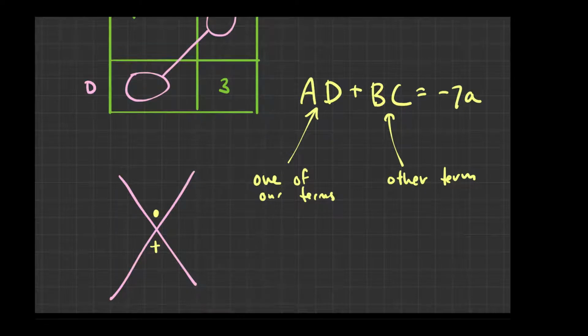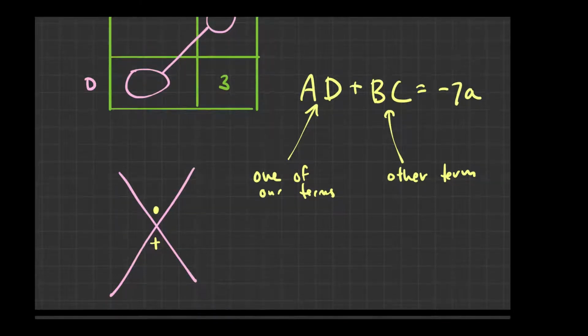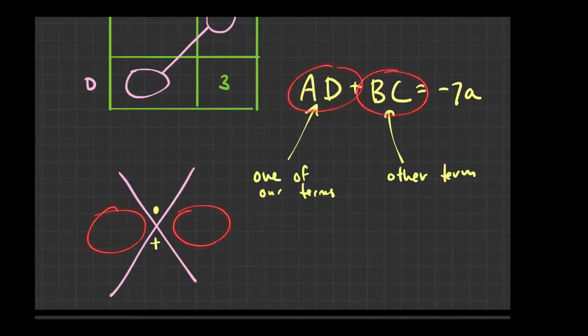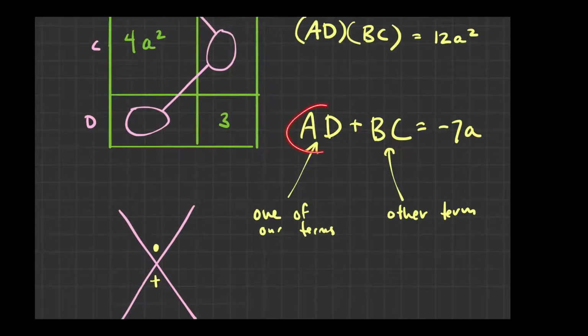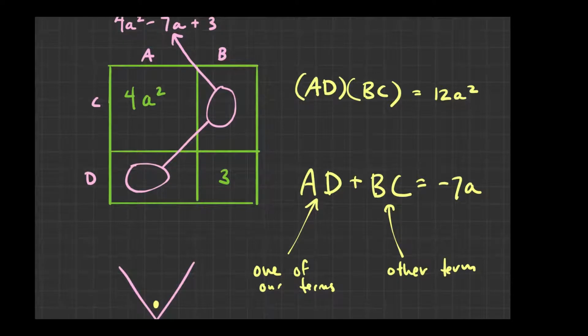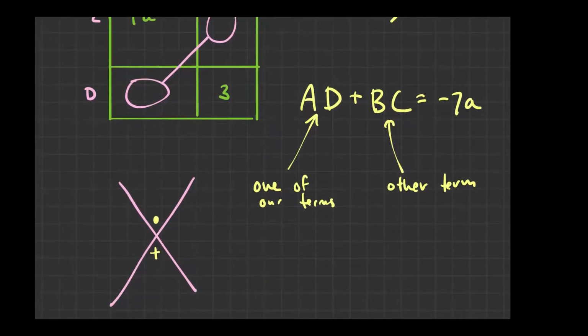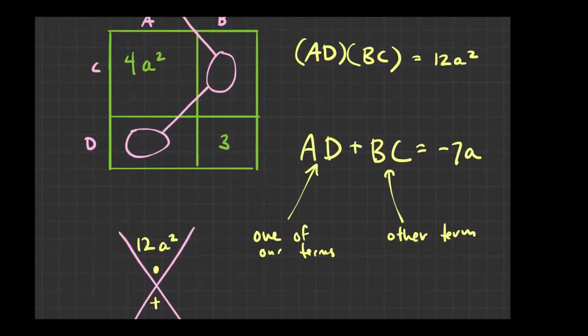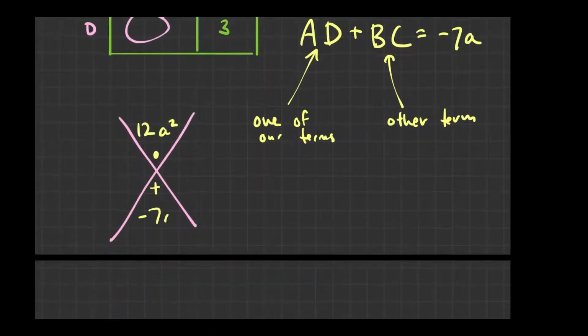When I do that, what I'm looking for is one side AD, the other side BC. So I know that when I add these two numbers together, I'm going to get negative 7a, and when I multiply them together, I'm going to get 12a squared. So I can put a 12a squared up top here and a negative 7a down here.